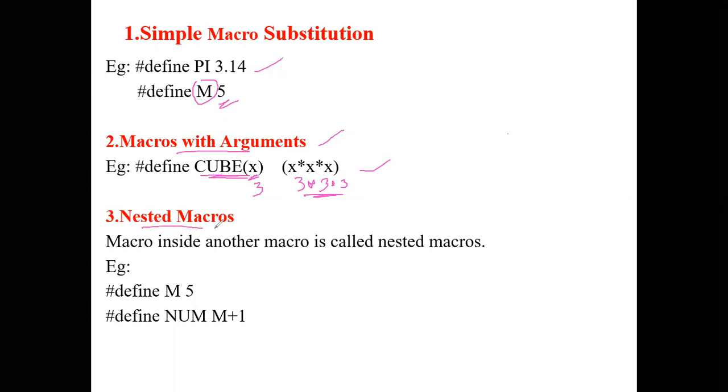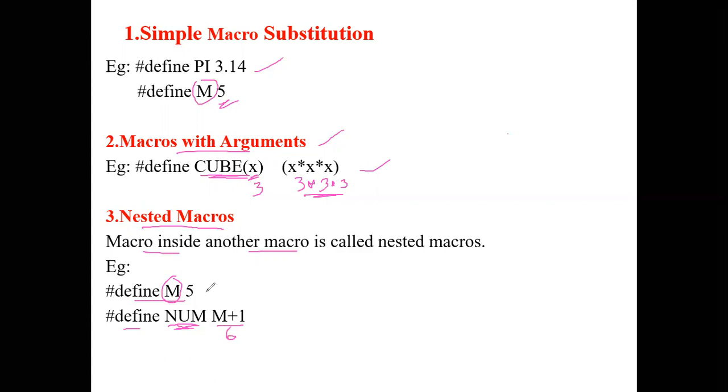Next one is nested macros. Within one macro you have another macro, same as a nested function. Take an example: you have hash define NUM1 with the value 5. Next, you define one more macro NUM2, which is nothing but NUM1 plus 1, that is 6.